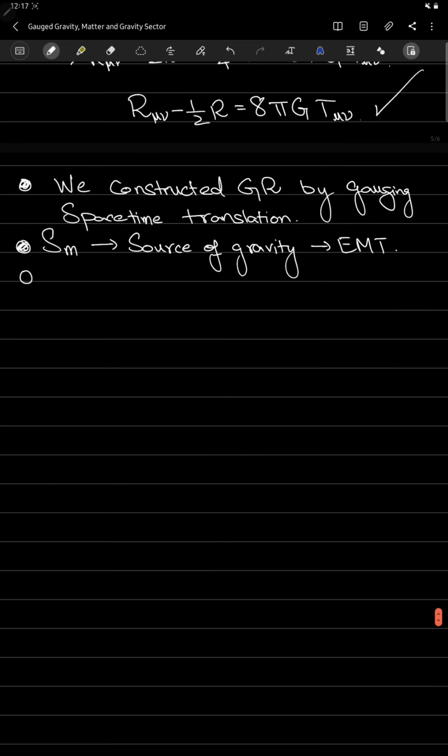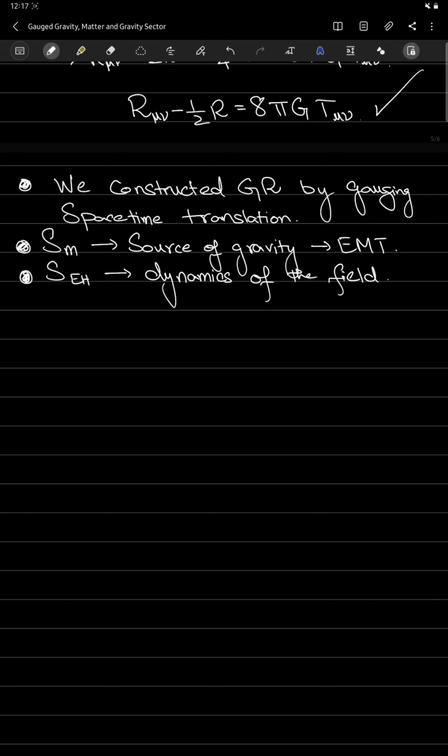And then we also figured out that the Einstein-Hilbert action gives us the dynamics of the field. Wonderful. So this is what we have done up to this lecture, and I can finally say that we have gauged gravity, or we have found a gauge theory for gravity.